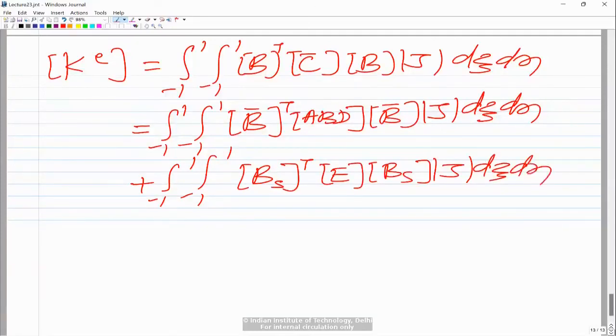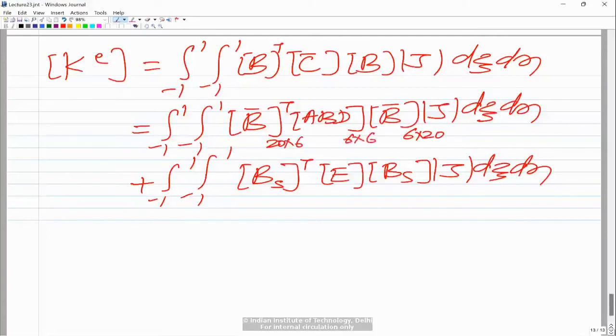Where B bar, as I said, we are taking the first 6 rows of the B bar matrix. So this is 6 by 20, this is 20 by 6, and the first 6 rows and columns of the C bar matrix, so this is 6 by 6.